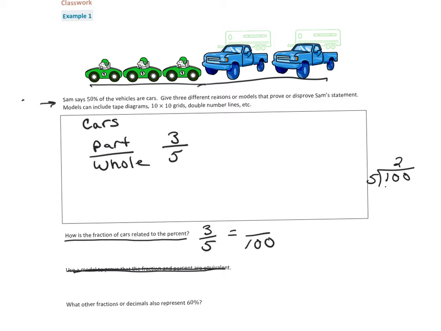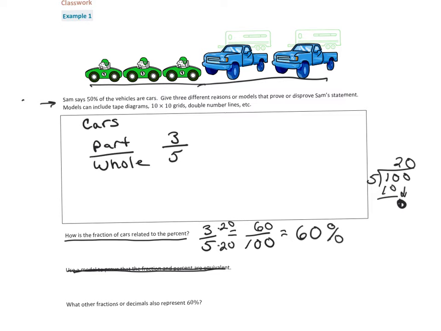And then you'll get the answer of 20. So what that means now is 5 times 20 is 100, and so 3 times 20 is 60, and that will equal 60%.